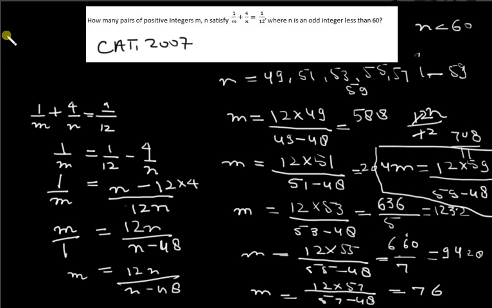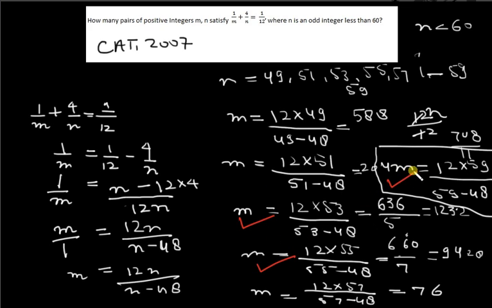So you see in how many results we have a fraction. We have a fraction in this case, in this case, and even in this case. So out of these 6 values for m, we have 3 fractions.